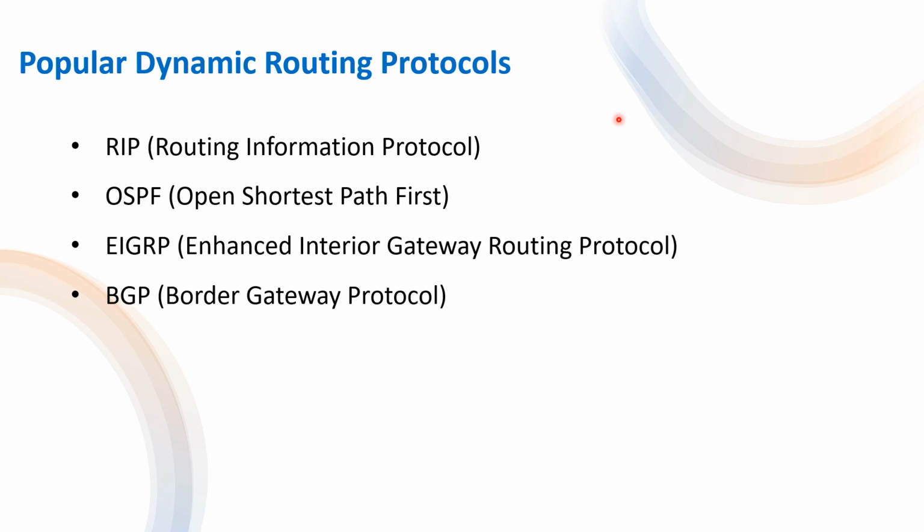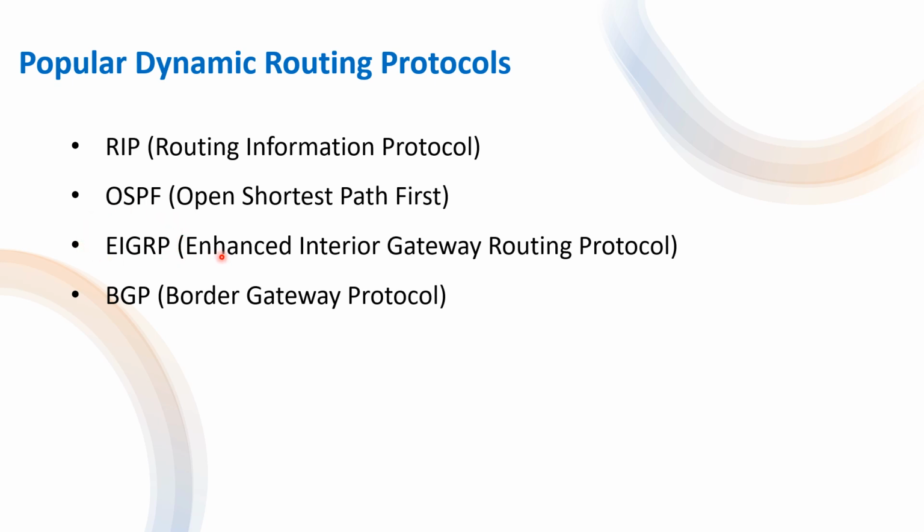There are several dynamic routing protocols, each designed for different networks. Some of the most used dynamic routing protocols are RIP, Routing Information Protocol, a distance vector protocol known for its simplicity and ease of configuration, ideal for small networks. OSPF, Open Shortest Path First, a link state protocol that scales well for large networks by using a more sophisticated method of routing calculation.